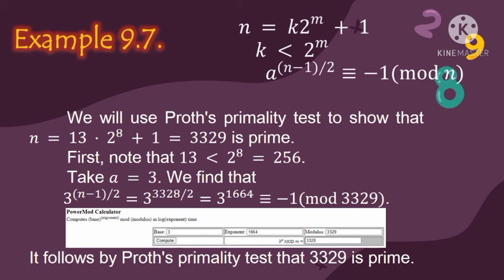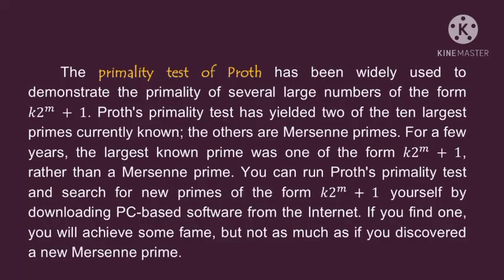Take a equals 3. We find that 3 raised to n minus 1 divided by 2, which is 3 raised to 3,328 divided by 2, equals 3 raised to 1,664, is congruent to negative 1 modulo 3,329. That's from the definition. It follows by Proth's primality test that 3,329 is prime.